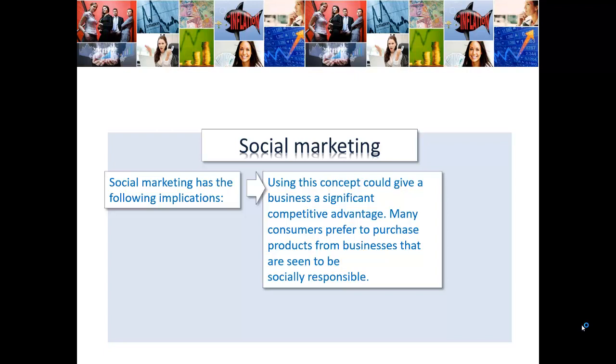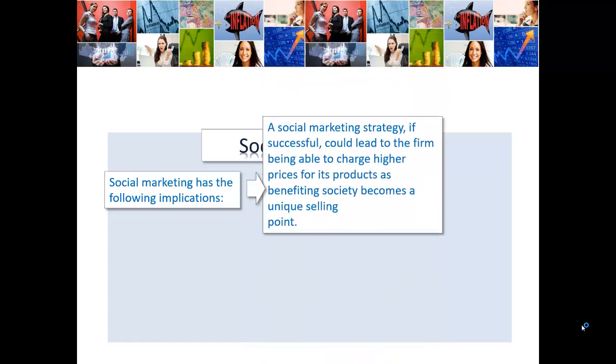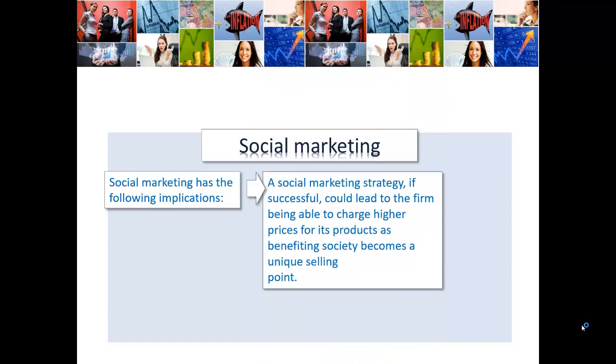Many consumers prefer to purchase products from a business that is seen to be socially responsible. And a social marketing strategy, if successful, can lead to the firm being able to charge a higher price for its products, as benefiting society becomes a unique selling point of the firm.